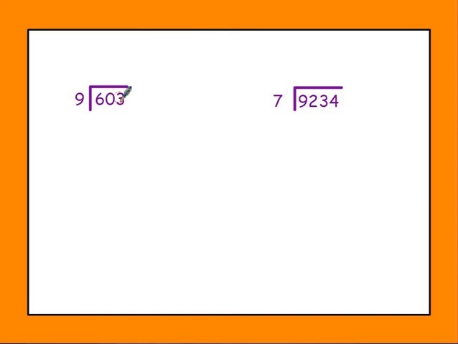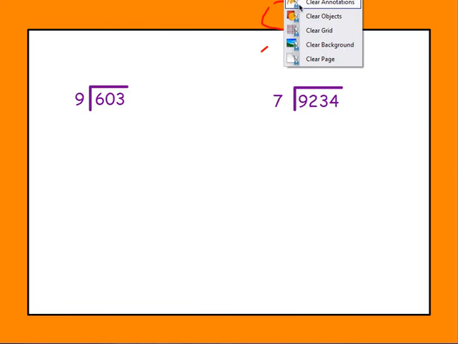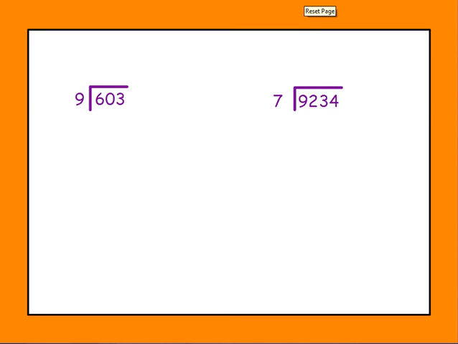Okay, so we used to do division. It was always 603 divided by 9. So first of all, don't forget that this right here is called your dividend.